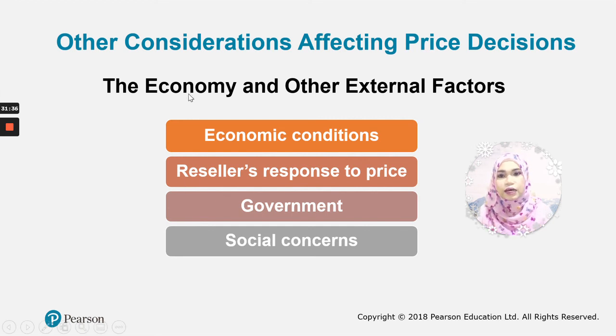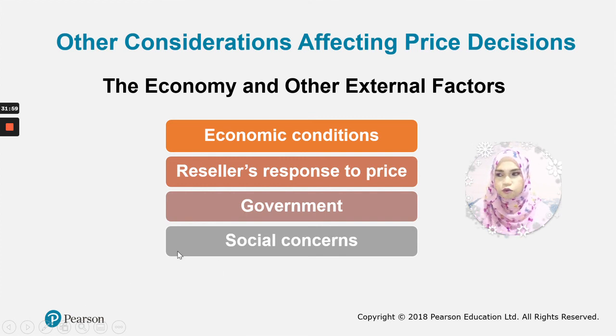Other than that is the government. If you remember, last time the government set the price of a piece of face mask. Previously it was so expensive, then the government put a ceiling price: a face mask shouldn't be more than RM1 per piece. And other than that are social concerns.